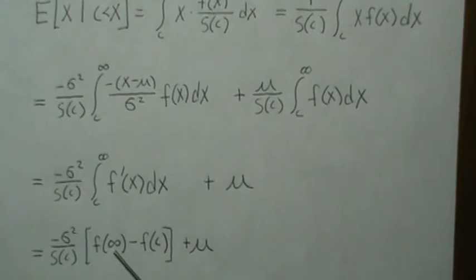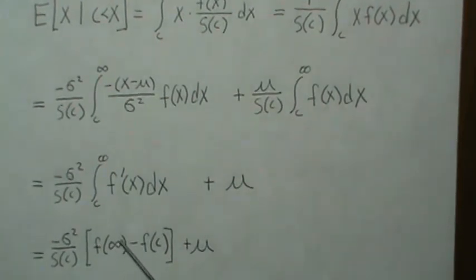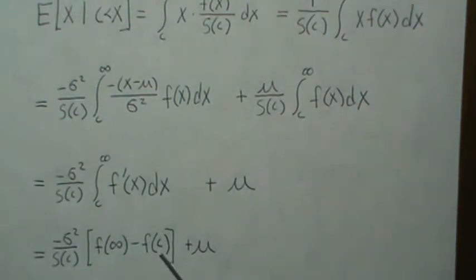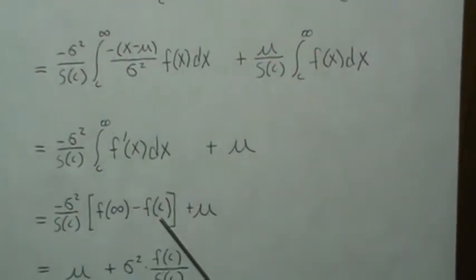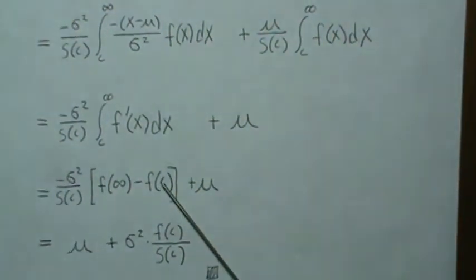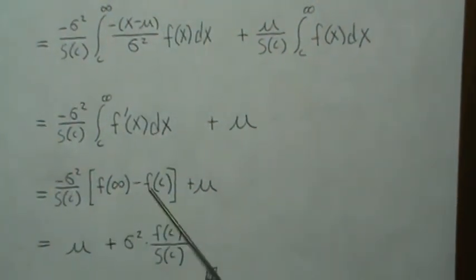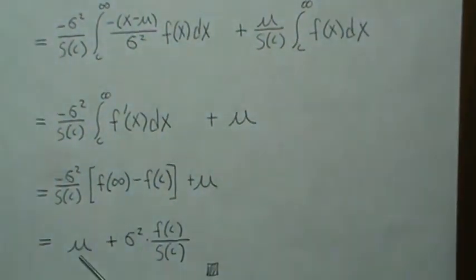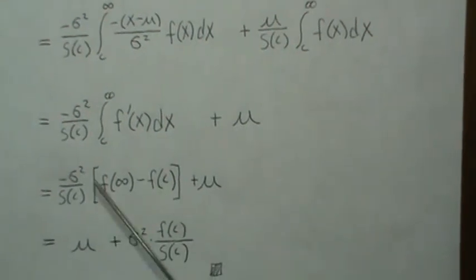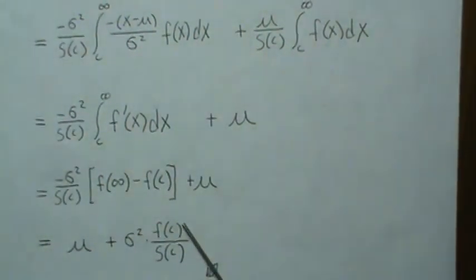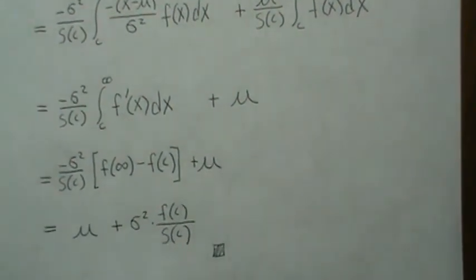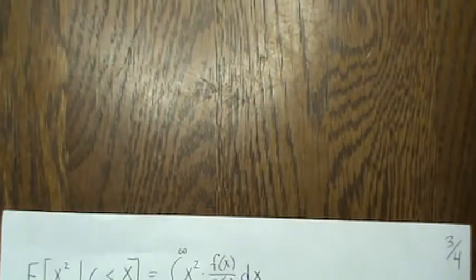Now as x goes to infinity, this is 0, and then that is just f of c. So this is 0, so then that negative makes that positive, and then I like writing the mu out front, and then we just have sigma squared times f of c over capital S of c, and that's the expected value of x for the truncated mean.